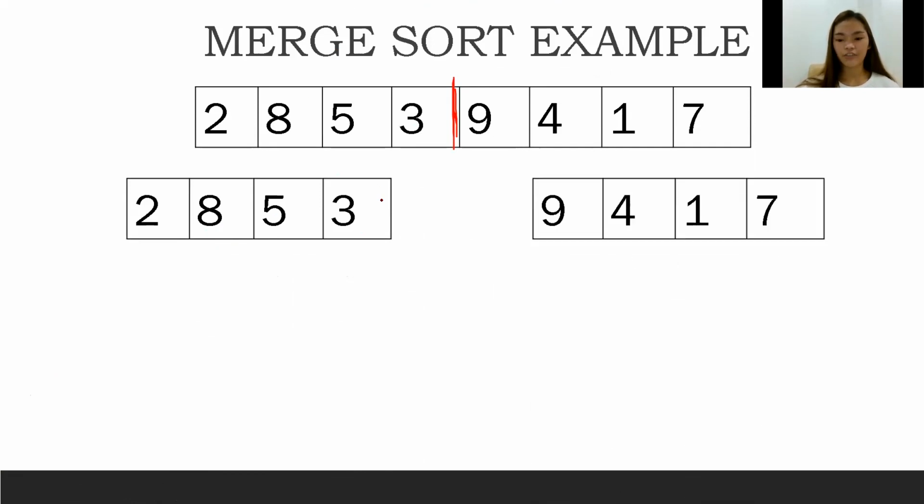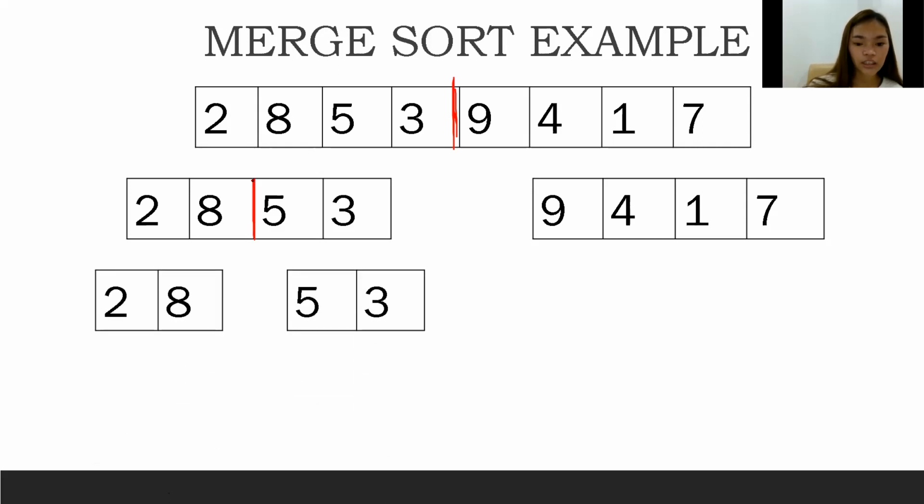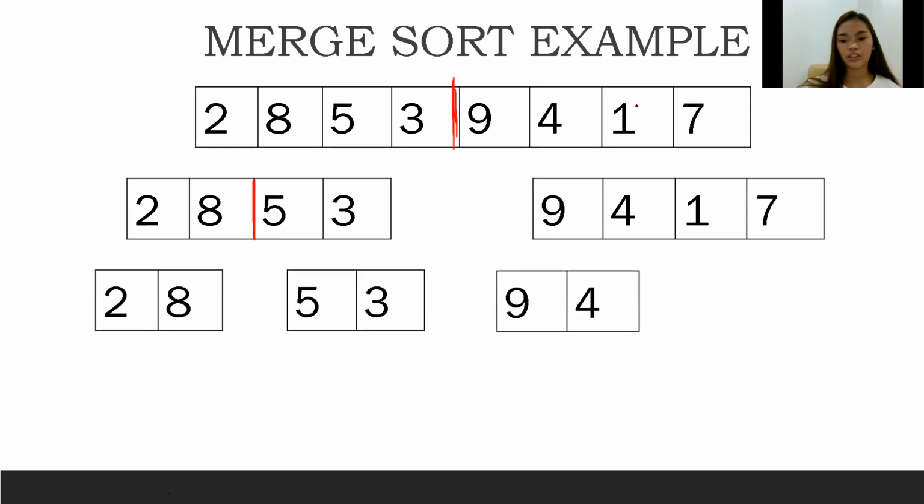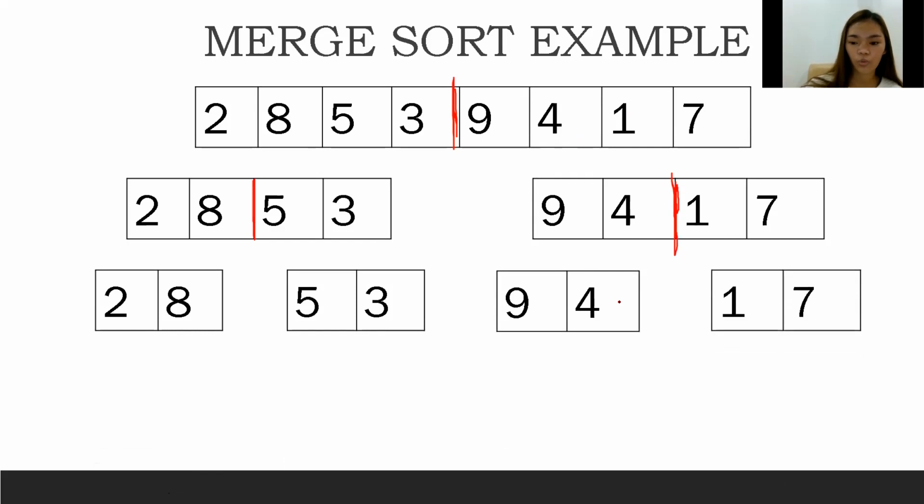Next is 9, 4, 1, and 7. Do the same, just divide them. So it's going to be 2, 8, 5, 3, and for the other, divide it into 4, 9, and 1, 7.